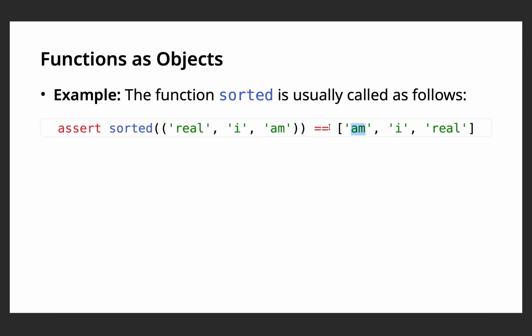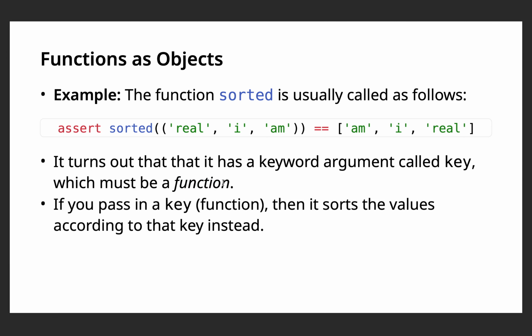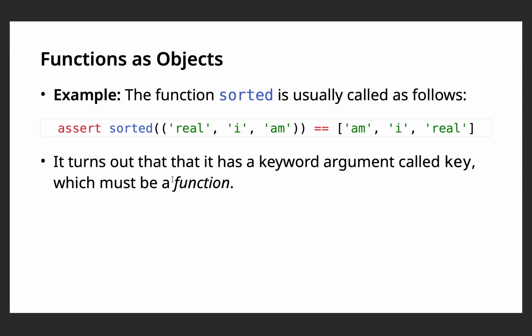So A goes first, then I, then the last one. It turns out that sorted actually has a keyword argument, and that keyword argument must be a function. It's not some integer, string, or something else. It's a function.